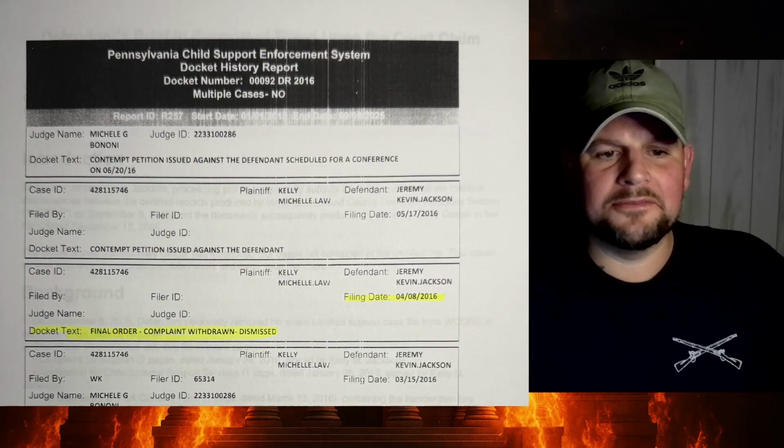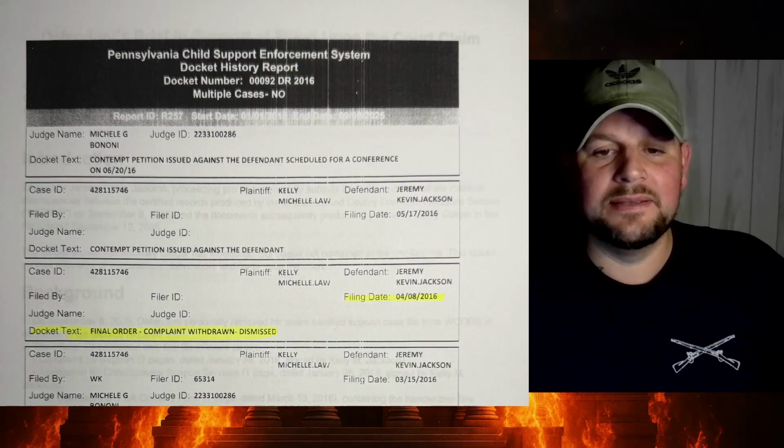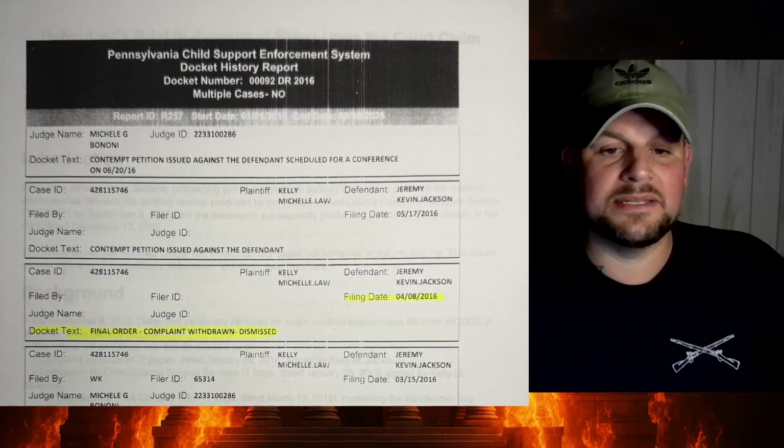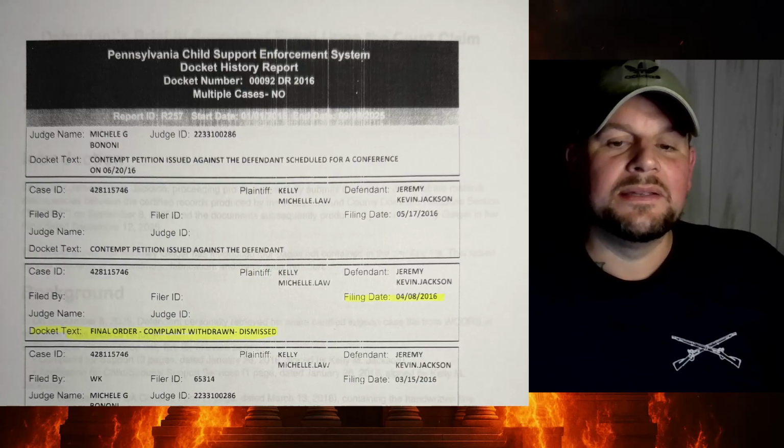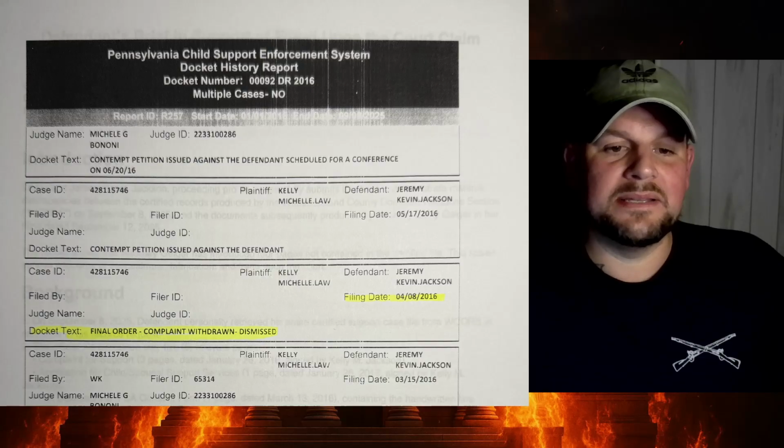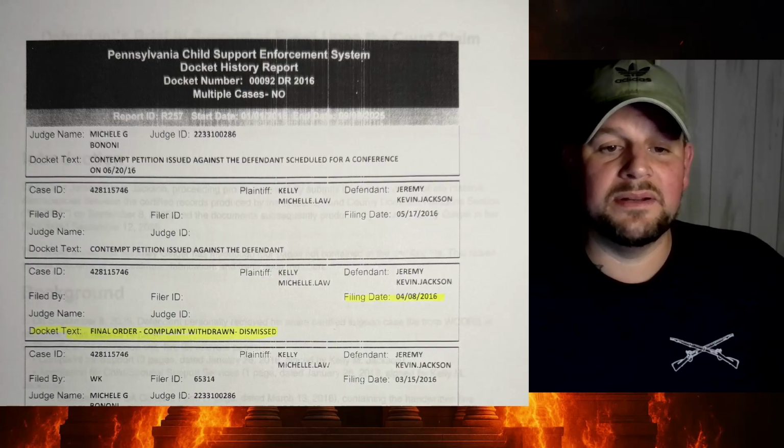If you can see right here, final order: complaint withdrawn, dismissed, on 4/8/2016. Yeah, the case was open. My ex filed for child support on January 26, 2016. So this was literally 3 months after it was open. Somebody put a final order in there. A complaint has been withdrawn and dismissed.